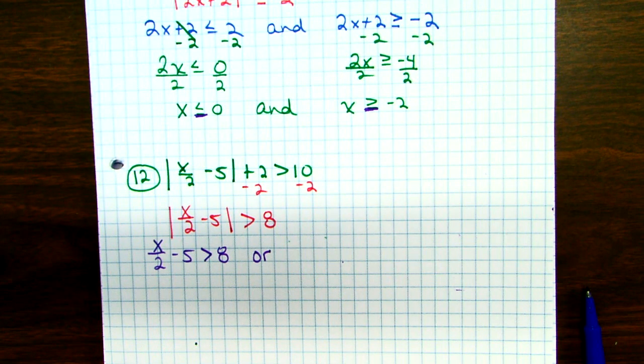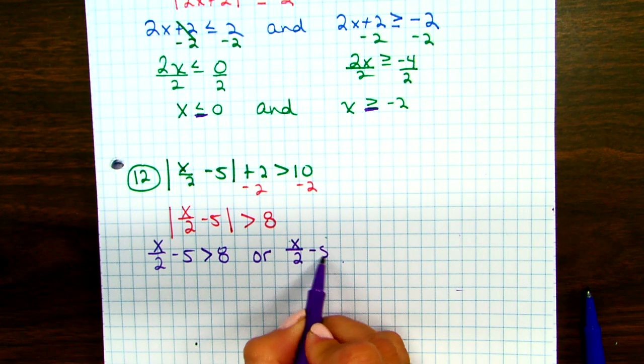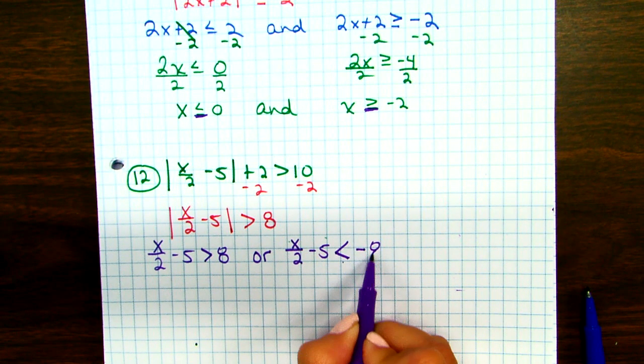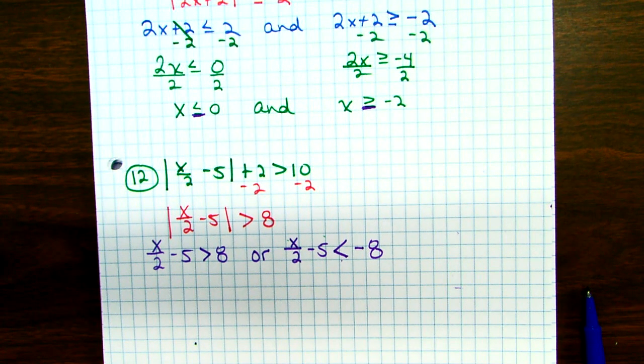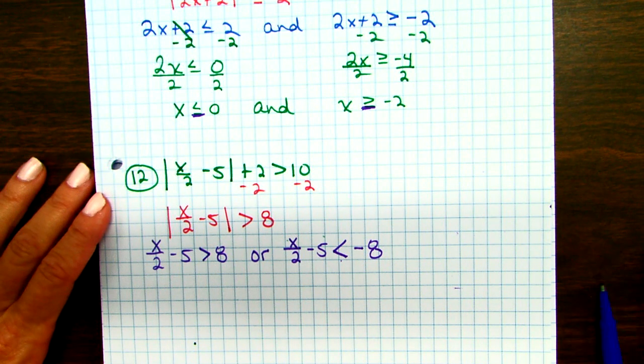Or, left side stays the same. Flip your inequality, change the sign. Ryan. Okay, add 5.